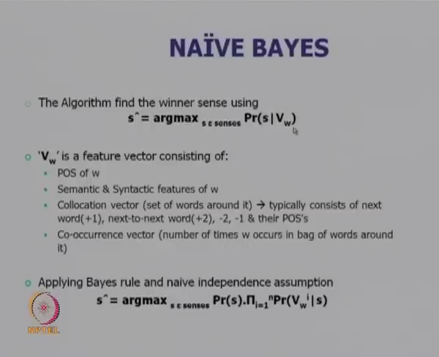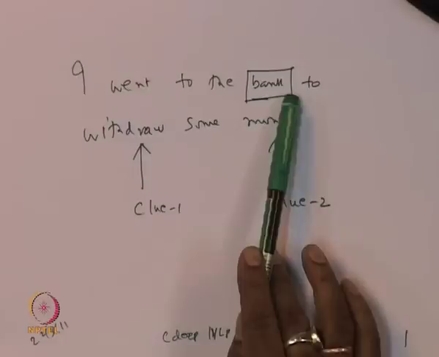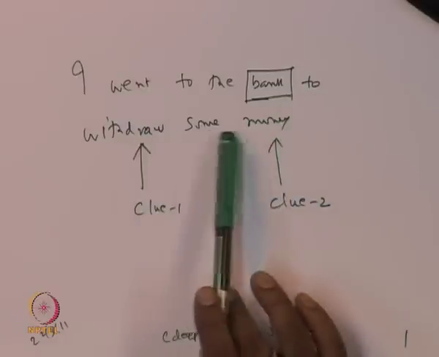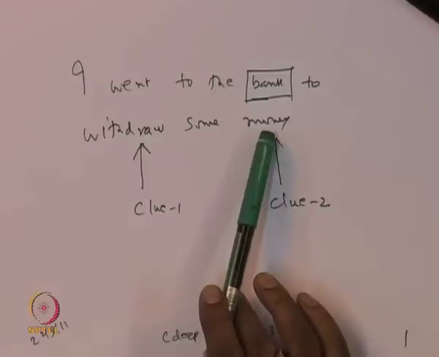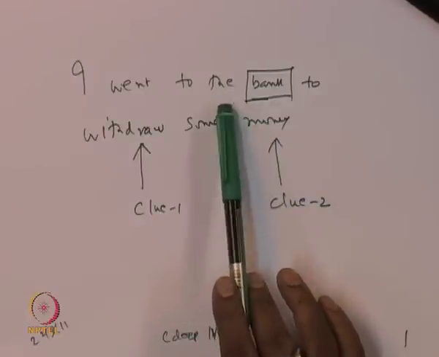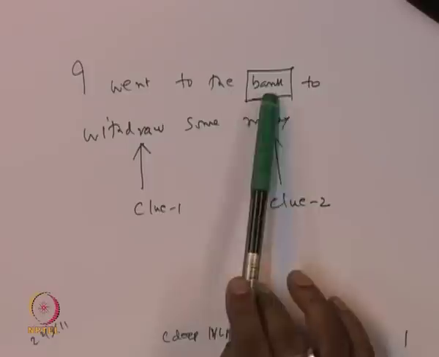Just like we wrote the sentence on the paper, I went to the bank to withdraw some money, and here the feature vector is constructed for bank.